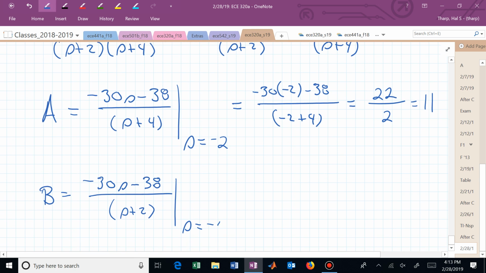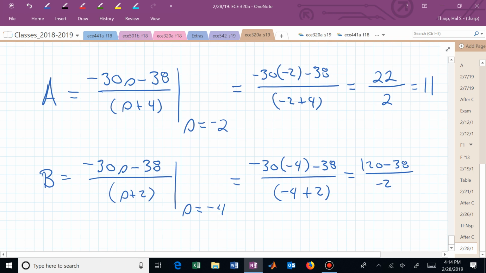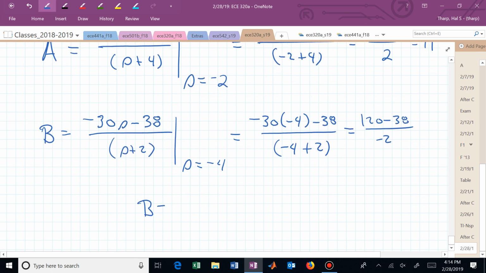Minus 4. And now B becomes, bless you, minus 41.